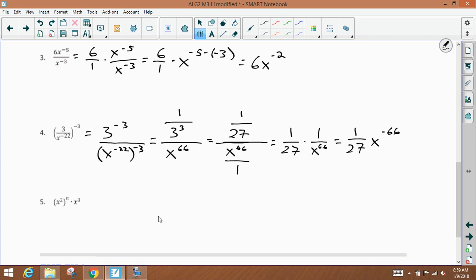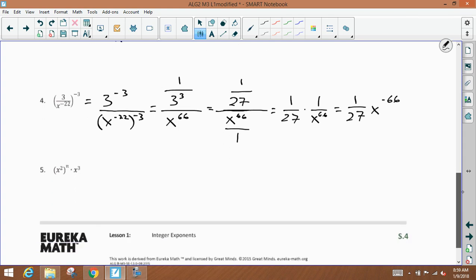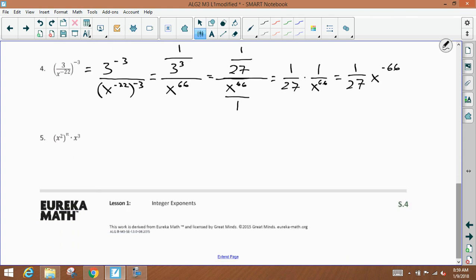All right, we just have one more. We're gonna practice. So tomorrow I'll put a bunch of problems up. First thing I want to do with this is use the property that says that this is x to the 2 times n, so I'll write that as 2n, right?